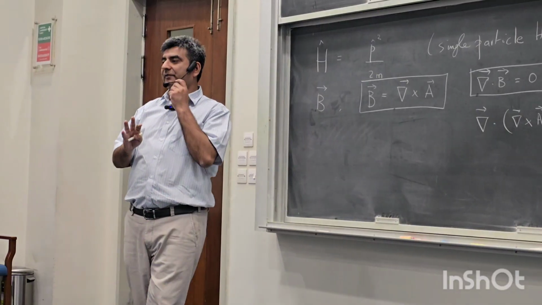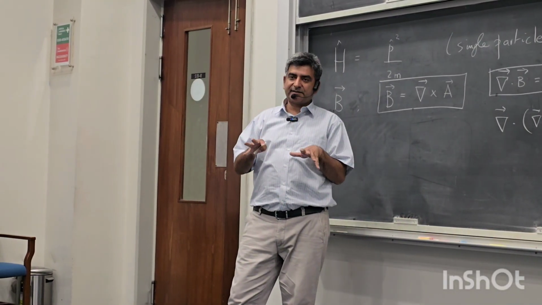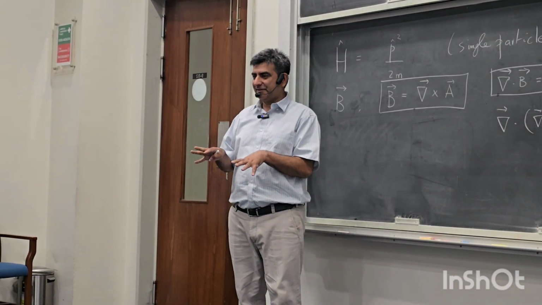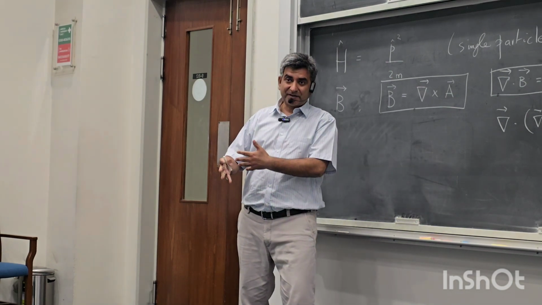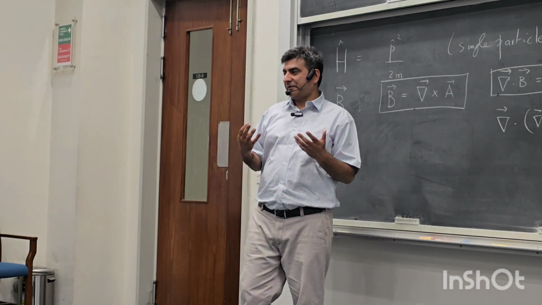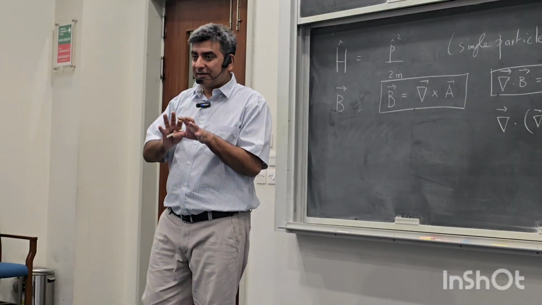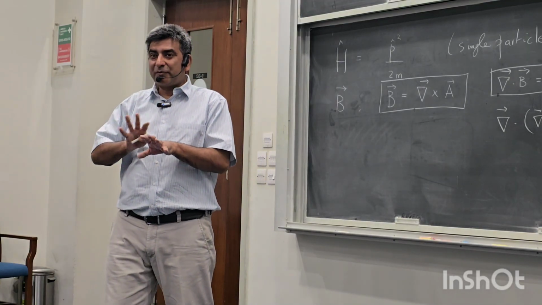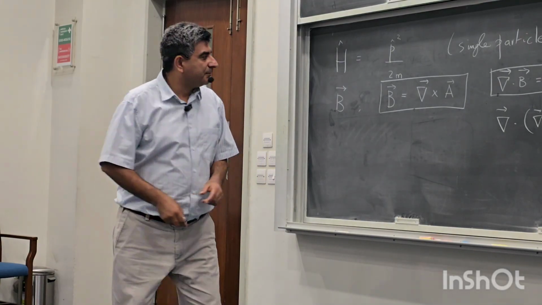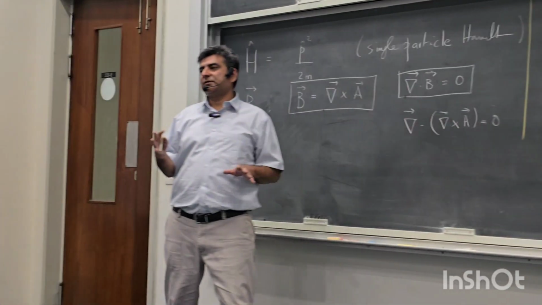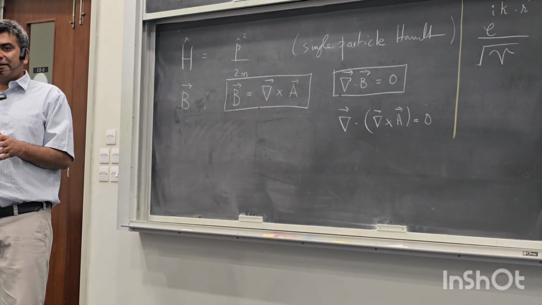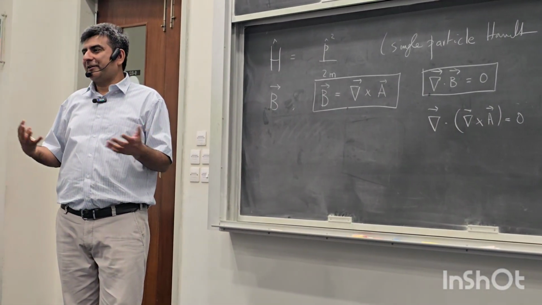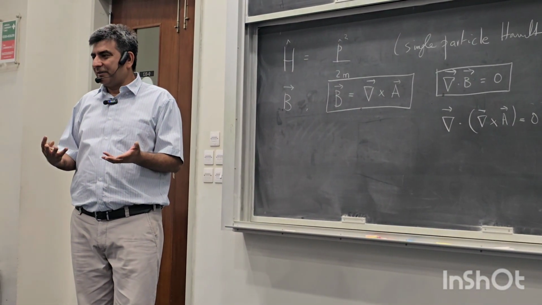Now magnetic fields are real, they have real impacts, electric and magnetic fields. They can be measured, for example. The forces due to electric fields can be measured. The torques due to magnetic fields can be measured. So the real things are the electric and the magnetic fields. But this vector potential is an abstract concept, and there is some choice that you can make in selecting an appropriate vector field.